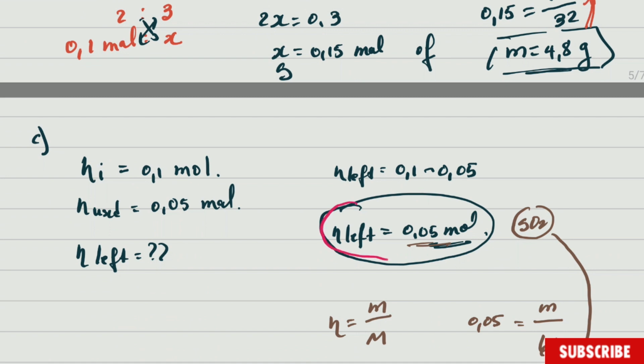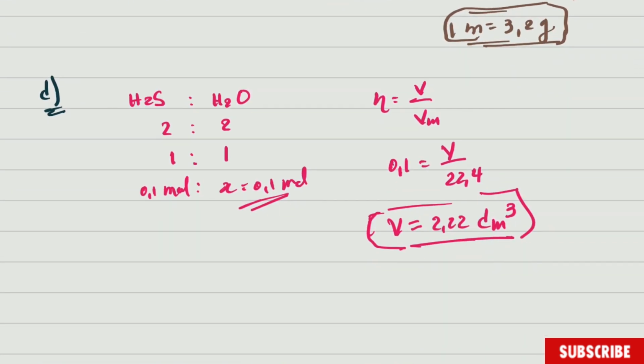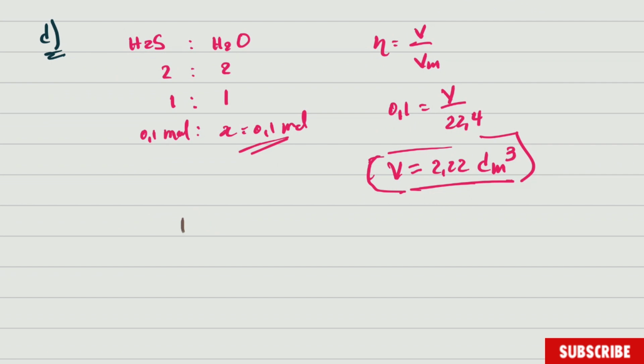We did calculate the number of mole of the leftover sulfur dioxide. Look here, guys. We are going to calculate now the volume of this amount of mole, which is the leftovers. So I'm going to write here SO2 excess. For SO2 excess, remember the number of mole was 0,05 mole. That was extra.